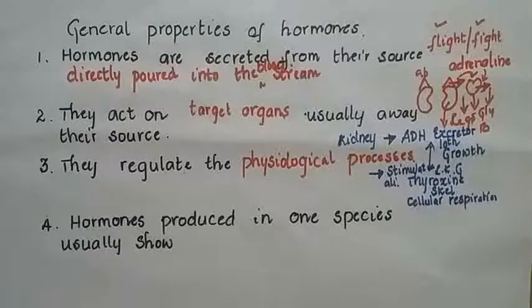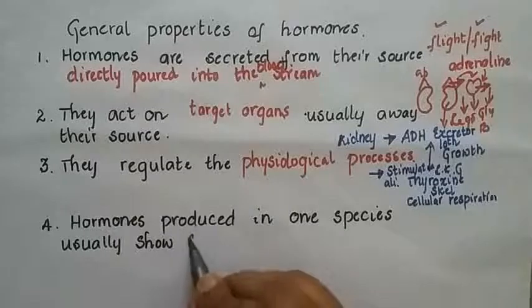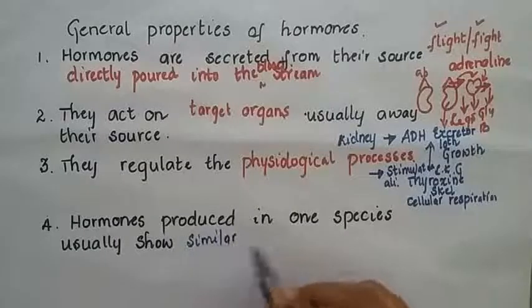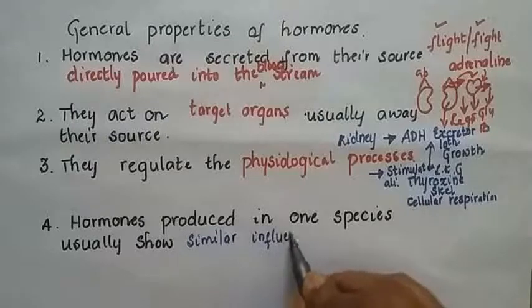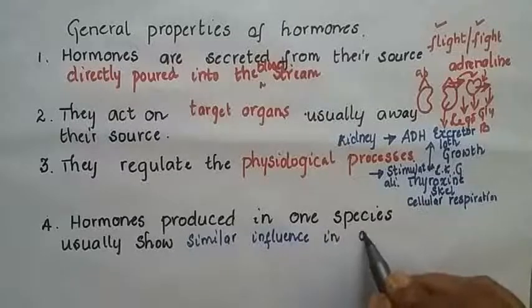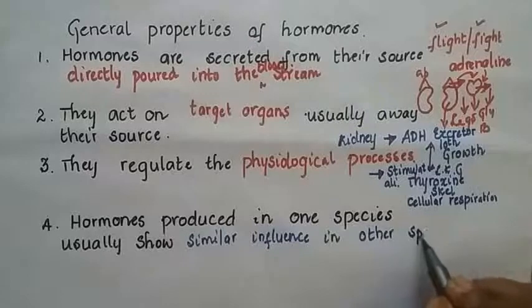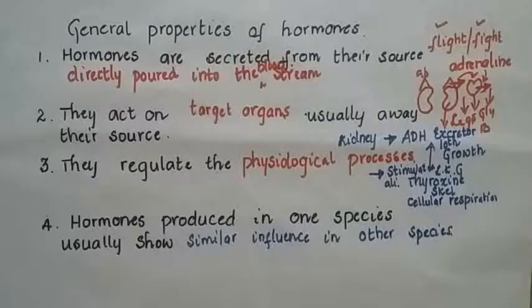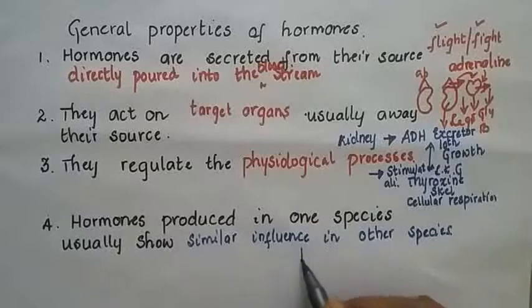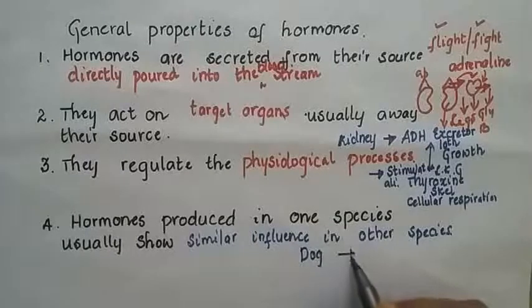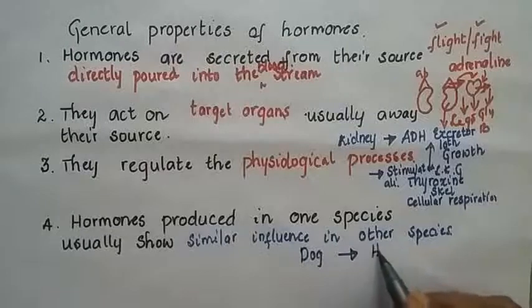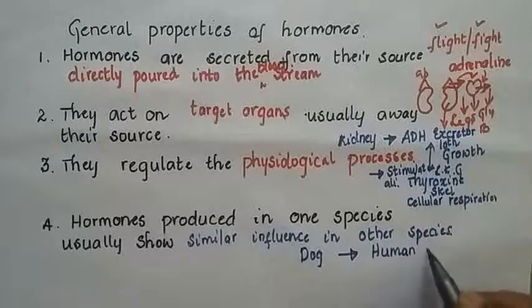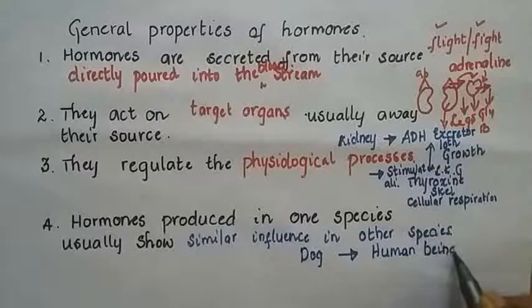Now, hormones produced in one species usually show similar influence even in other species. Children, if a hormone is extracted from a dog and injected into a human being, the hormone found in the dog brings about the same change in the human being.